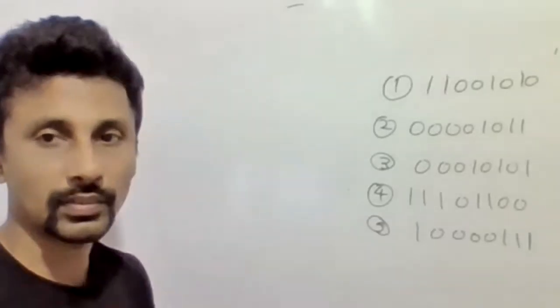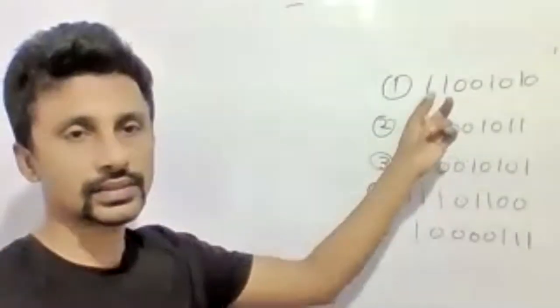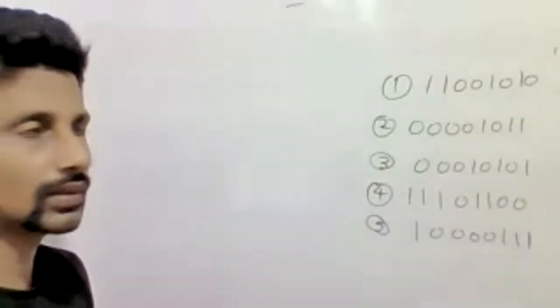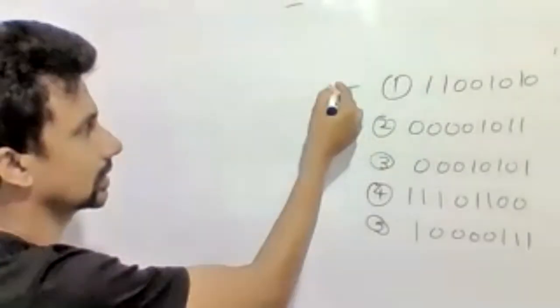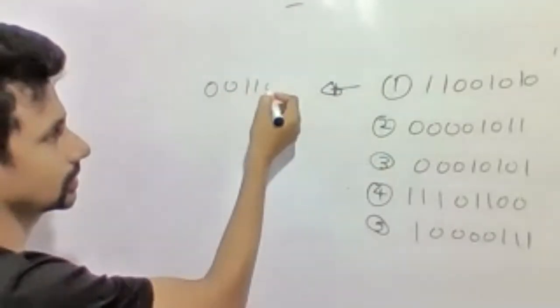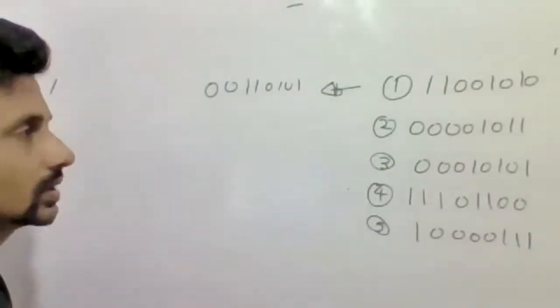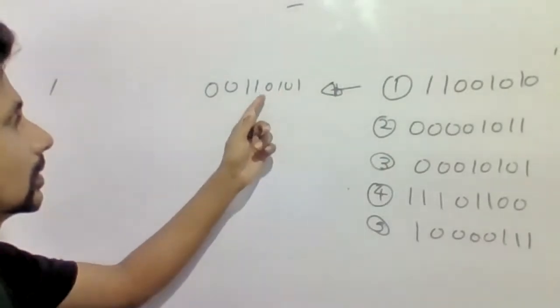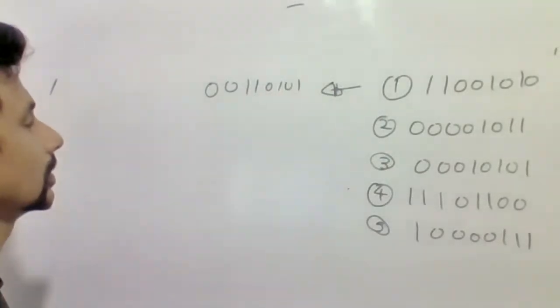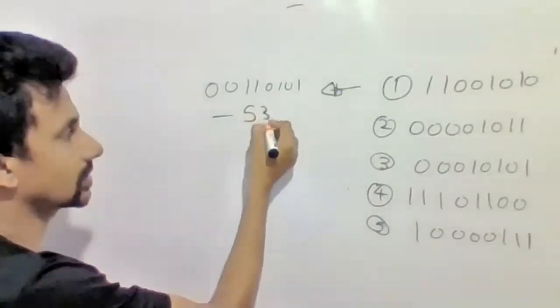I think most of you have put the correct answers. Now here it is a negative value, so you have to flip the bits to the other side: 0, 0, 1, 1, 0, 1, 0, 1. Then convert it to decimal. I think minus 53 is coming.